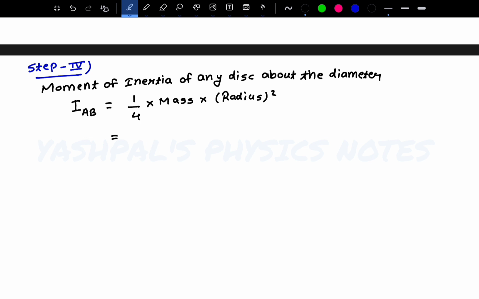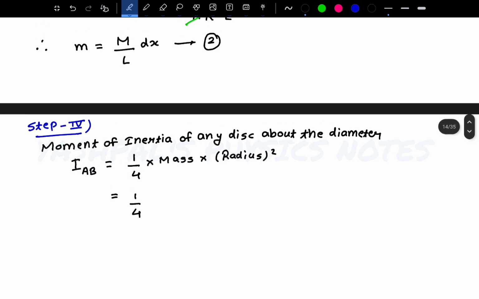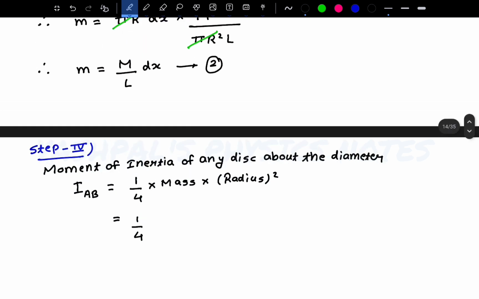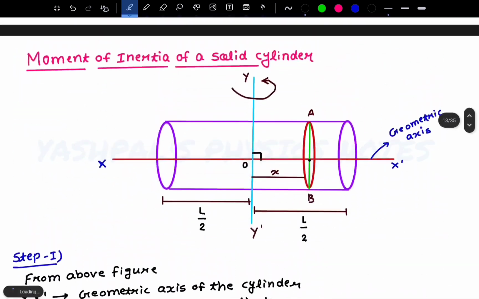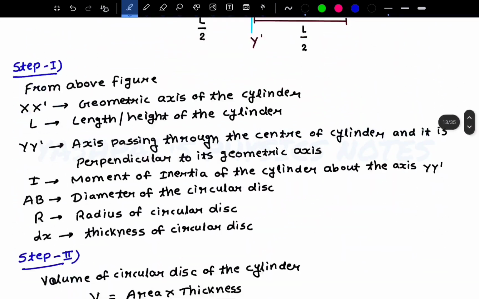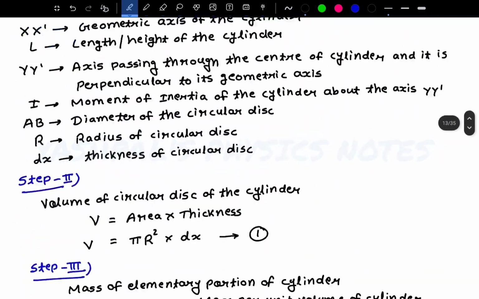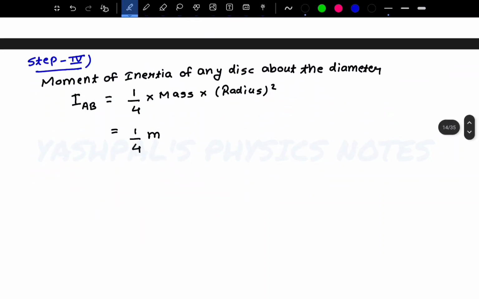So here I can write 1 by 4, and mass we are considering for the circular disc which was small m, and the radius of this circular disc is capital R, which we have written in step number 1. So it's capital R square.